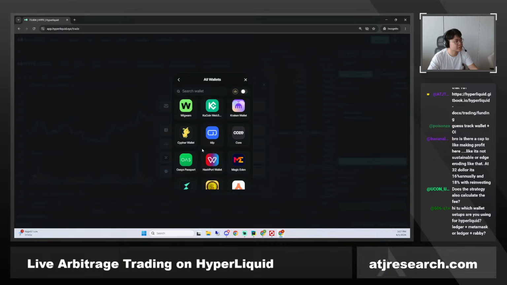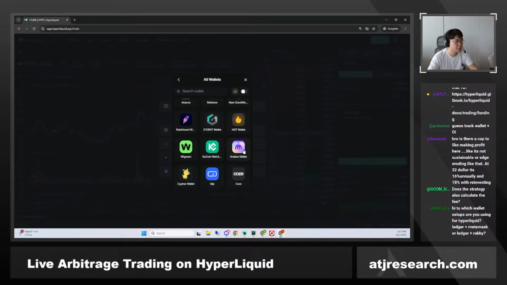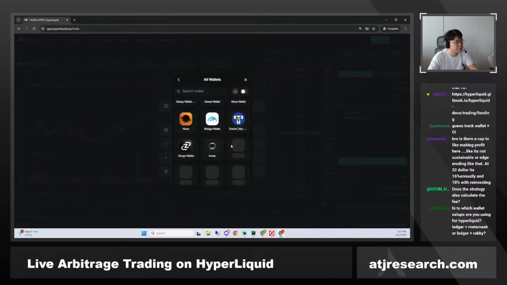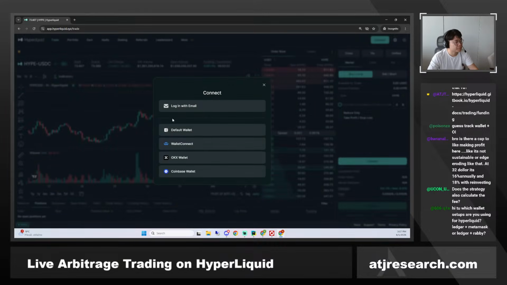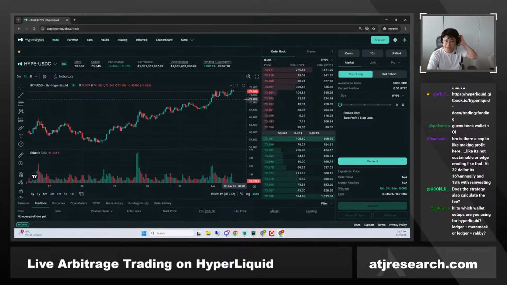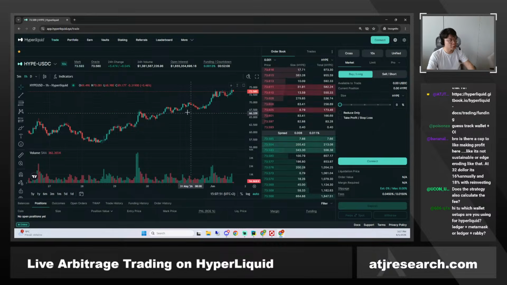One of those is, for example, Kraken Wallet, because I use Kraken Wallet myself. I'm a Kraken client. So there are many ways to connect these different wallets. But what I'm using is just login with email. You sign up with your email address, you get a two-factor code sent to your email address, and I also have 2FA on my phone. So I use these two things to do that.